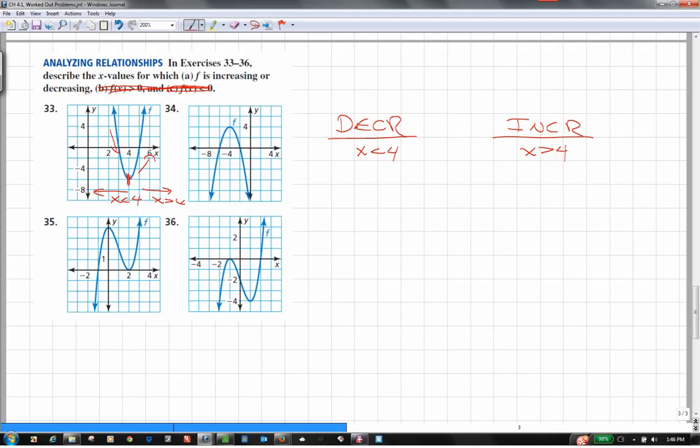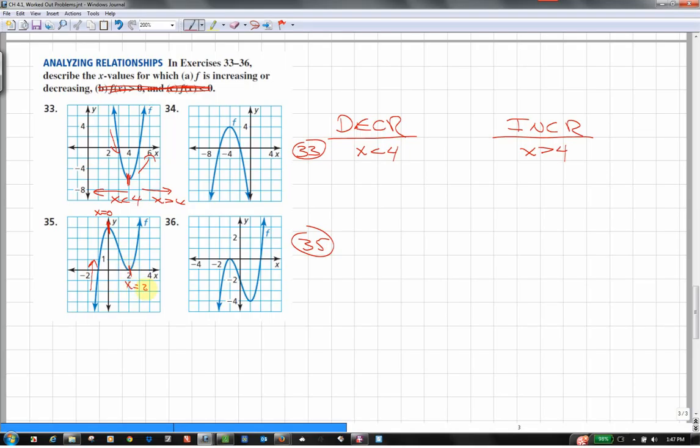Okay, moving down to 35. Okay, so I'm coming from left to right, and I'm increasing. I'm going upward. And I'm going upward all the way until I hit this value right here at x equal to 0. Then I start going downhill, so I'm decreasing all the way until I hit the value where x is equal to 2.